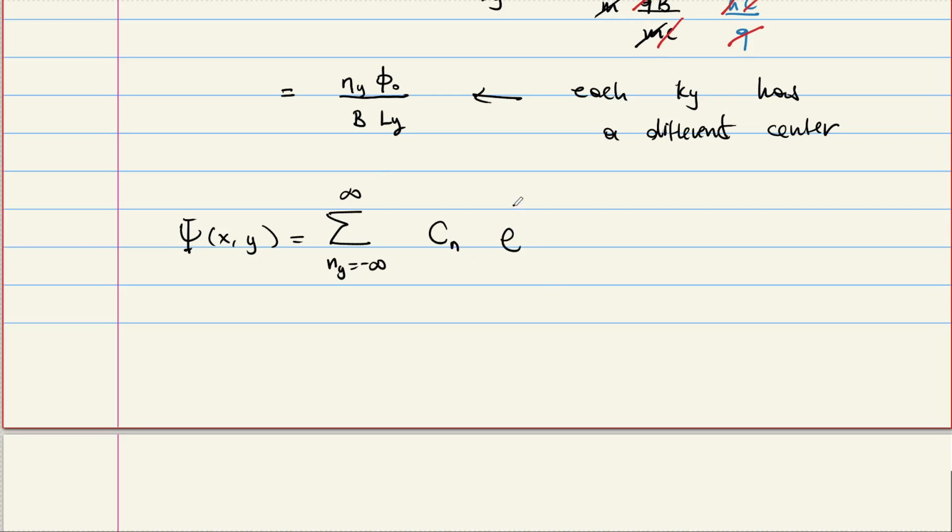So there is this e to the i 2 pi over Ly times ny times y, and we have e to the minus 1 over 2 psi squared (x minus ny phi naught over B Ly) squared. Good.